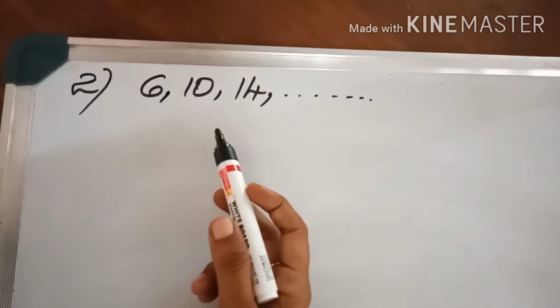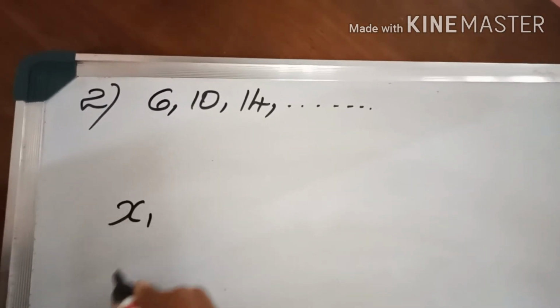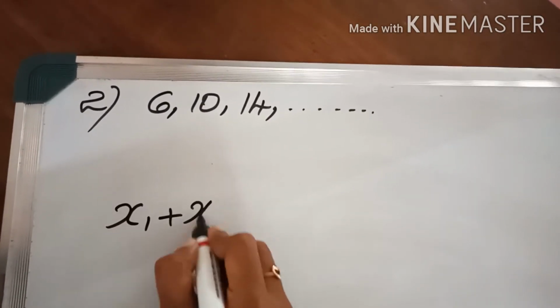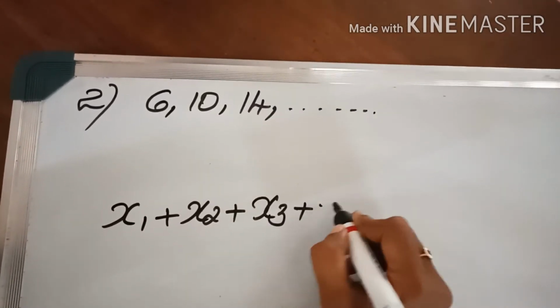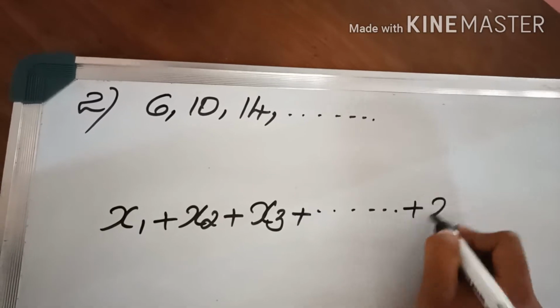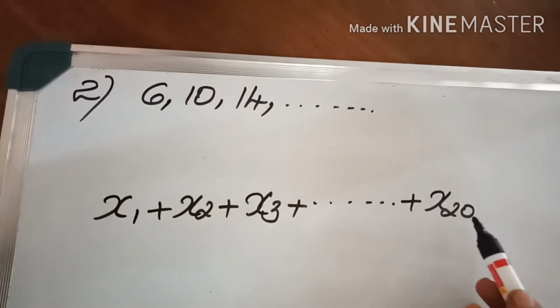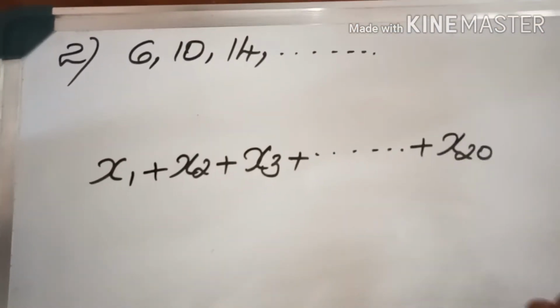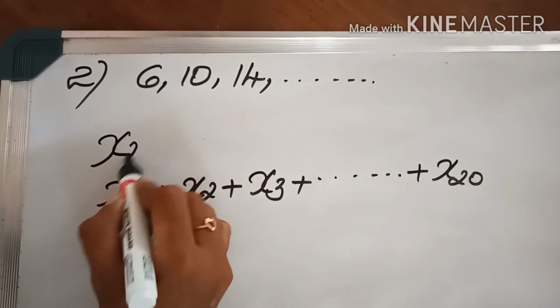So first 20 terms sum means starting from x1. Okay, x1 plus x2 plus x3 plus etc. up to x20. The next 20 terms means start from x21.